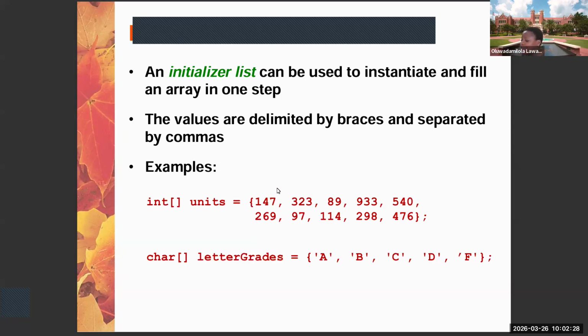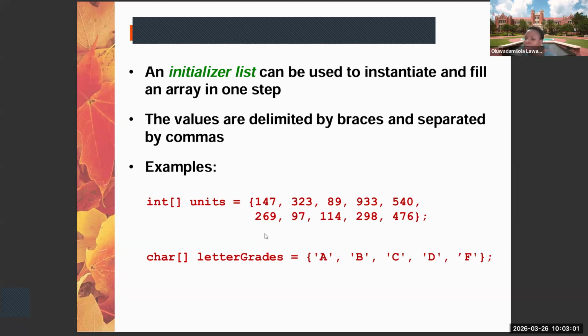We're not telling the compiler, hey, the values to expect for this specific array are up to 10 values. Of course, the compiler understands that you are storing 10 values within this array, or 5 values for the letter grades array, something like that.